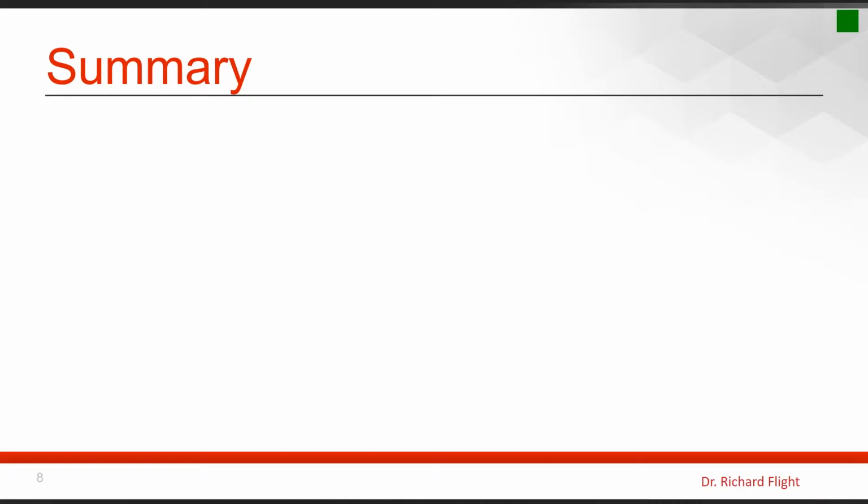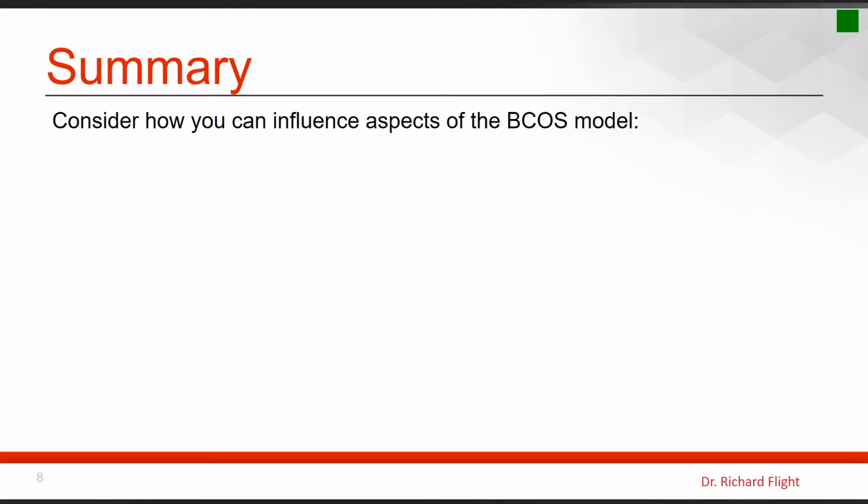Okay, summary time. What did we talk about here? We want to influence the different aspects of the BCOS model, and you'll remember that stands for benefits, costs, others, and self. So there are 7 different ways that we can do this. And with any of these ways, you just think about: how can I influence how people think about my benefits?